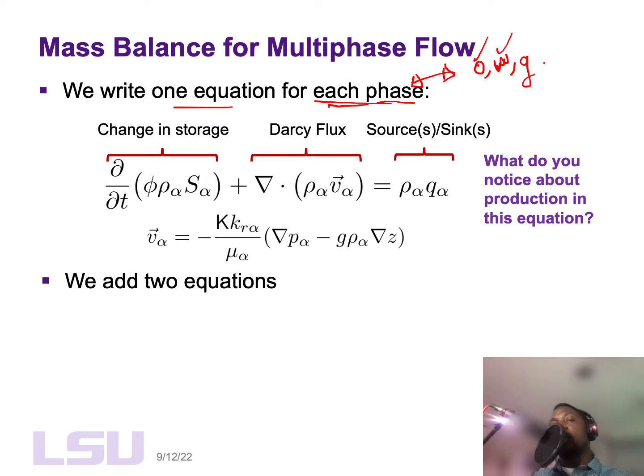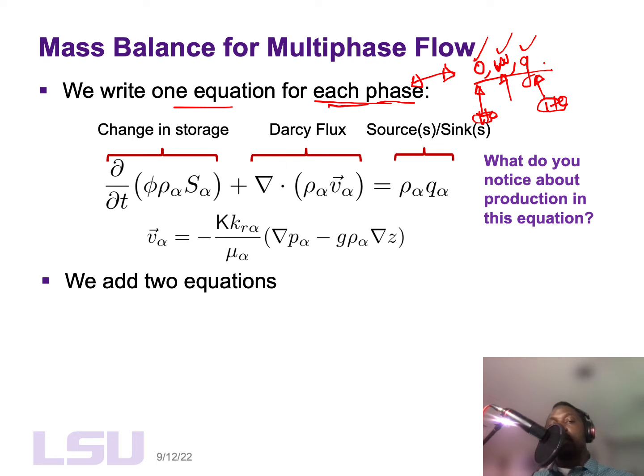So those oil, water, and gas components are actually pseudo components, because technically the oil component contains multiple hydrocarbon components, right? Same with the gas phase, it contains multiple hydrocarbon components. So we treat them as a pseudo component. And so we have three equations.